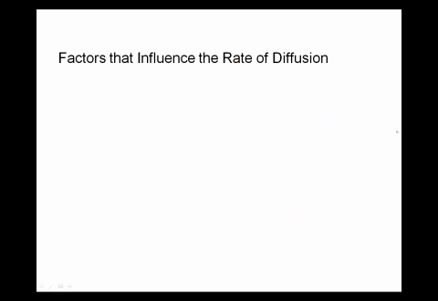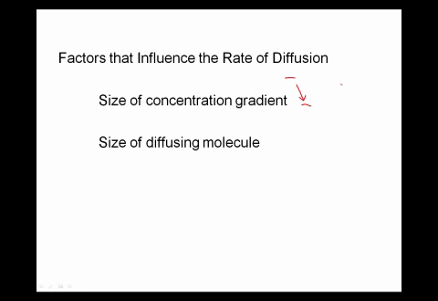There are several factors that can influence the rate of diffusion, how quickly diffusion takes place. One of those is the size of the concentration gradient. If you have an area of very high concentration immediately adjacent to an area of very low concentration, we would say that's a steep gradient and diffusion would take place more rapidly. Also, the size of the diffusing molecule influences the rate. Generally, large molecules are going to move more slowly than small molecules.